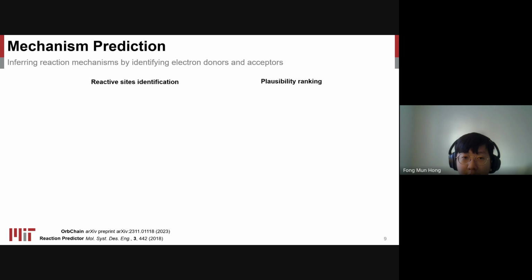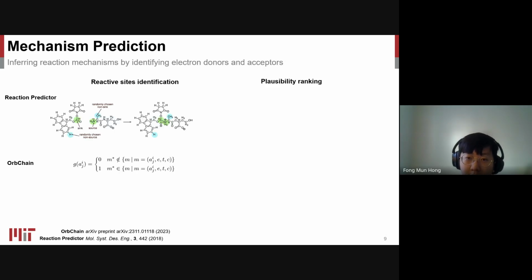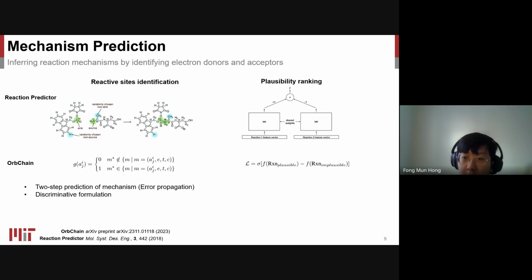With that in mind, there were a couple of works out there by Pierre Baldi, where in one of the ML models that he built, he had a part where you first identify all the possible reactive sites, the orbitals that are going to be involved in the reaction, and then afterwards rank the possibilities.